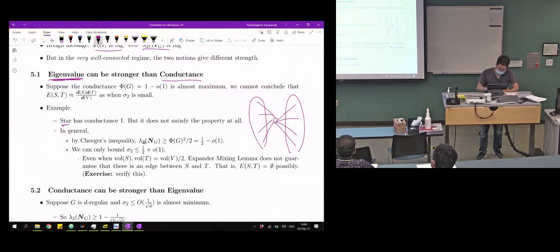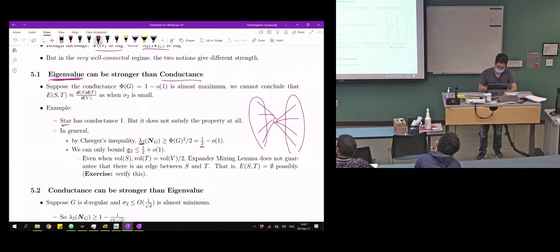And if you look at a general graph, if you take Cheeger inequality, even when conductance is 1, Cheeger inequality would tell you that lambda 2 is at least half, which means that sigma 2 is guaranteed to be only smaller than 1/2. It's not 1 over root d, just 1/2.